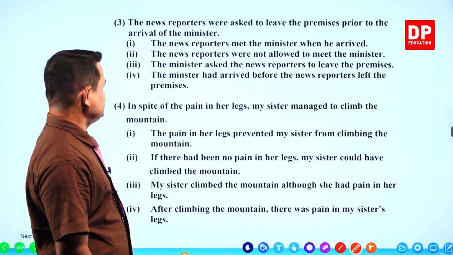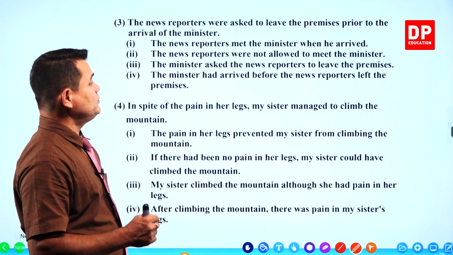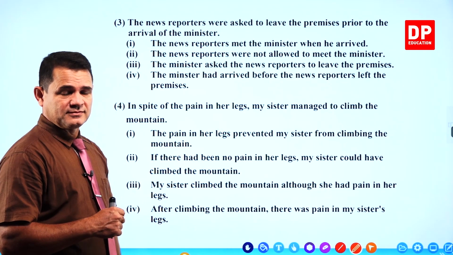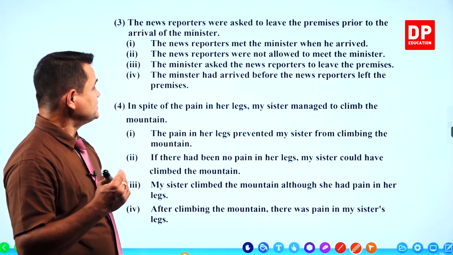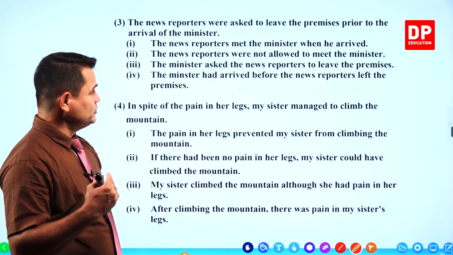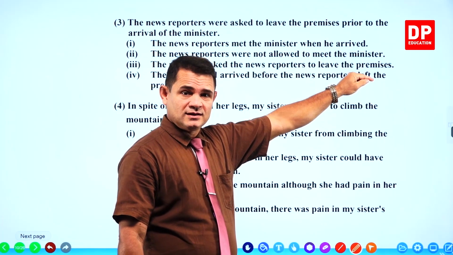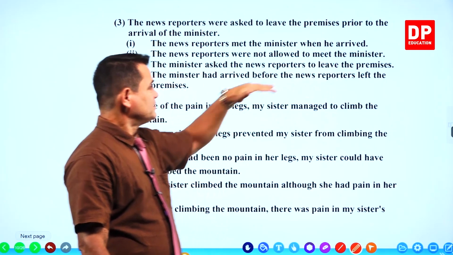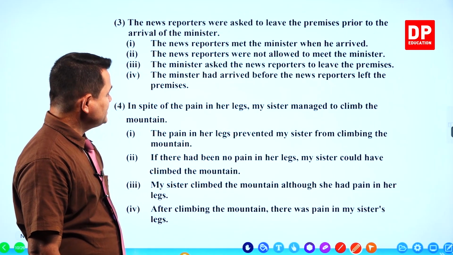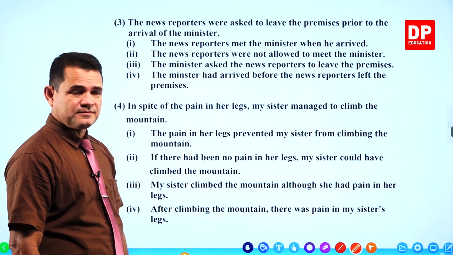Second one, the news reporters were not allowed to meet the minister. News reporters were not allowed to meet the minister. Third one, the minister asked the news reporters to leave the premises.